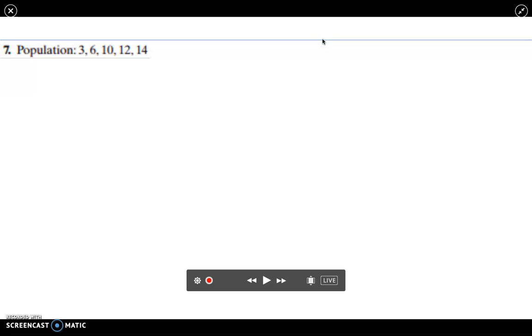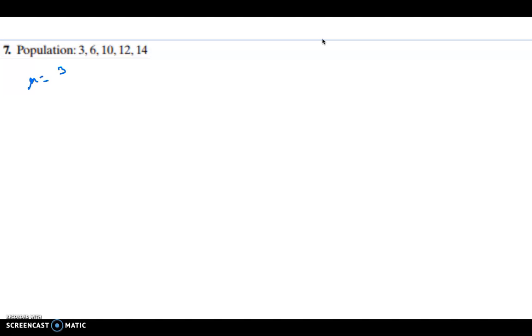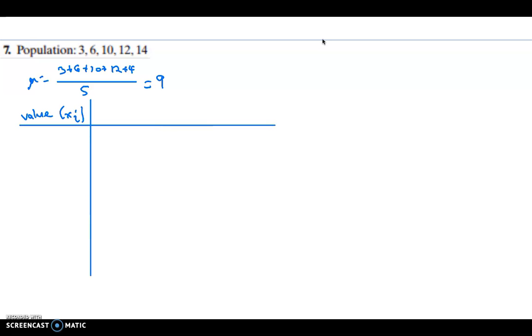All right, now we have the population, so we want to find the population standard deviation. The same thing, we're going to find the mean, which is 3 plus 6 plus 10 plus 12 plus 14, divided by our 5 terms. That is 10, I mean 9. Then we have each value, again the x sub i: 3, 6, 10, 12, and 14.